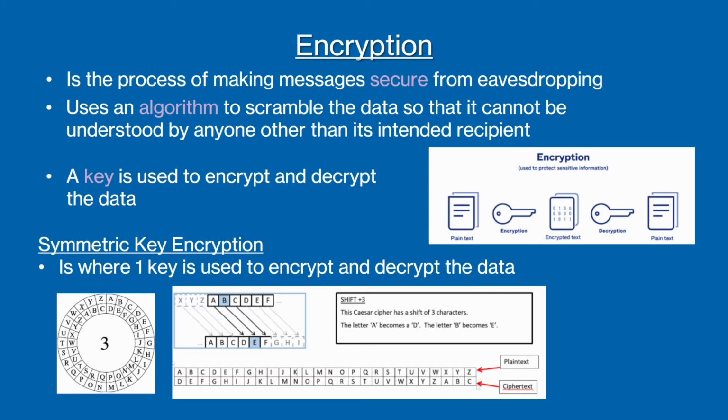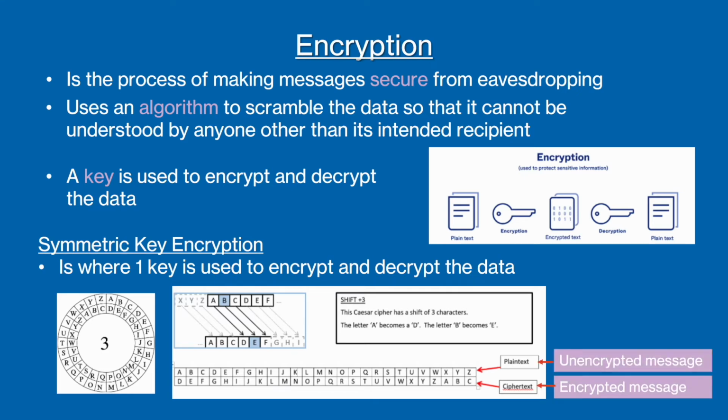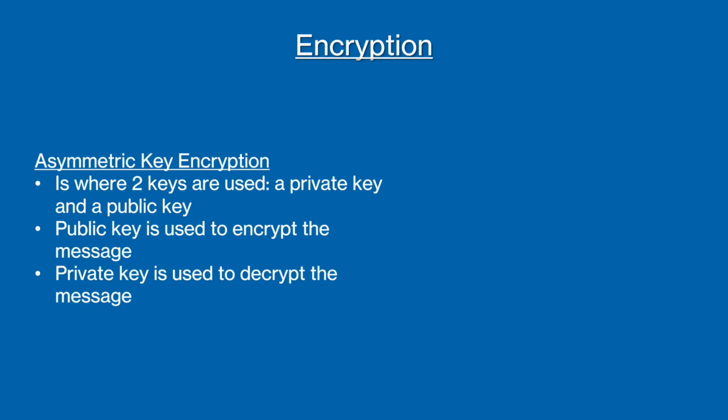As you can see, only the one key, the one that shifts the letter 3 places, is used. Also, it's important to note that the unencrypted string is called the plaintext, and the encrypted string is called the ciphertext.